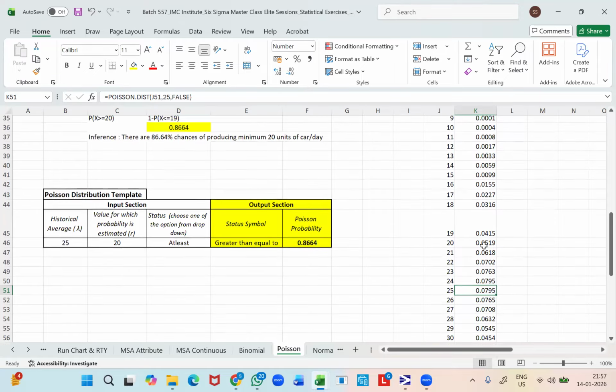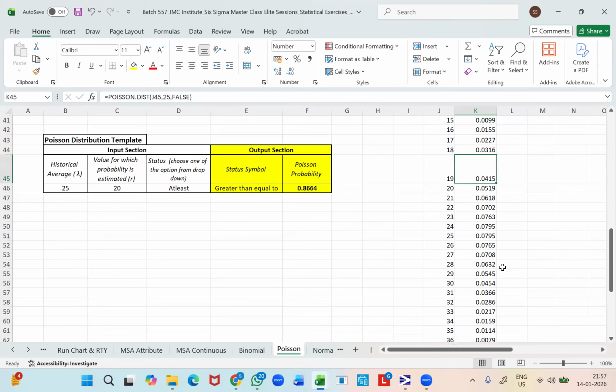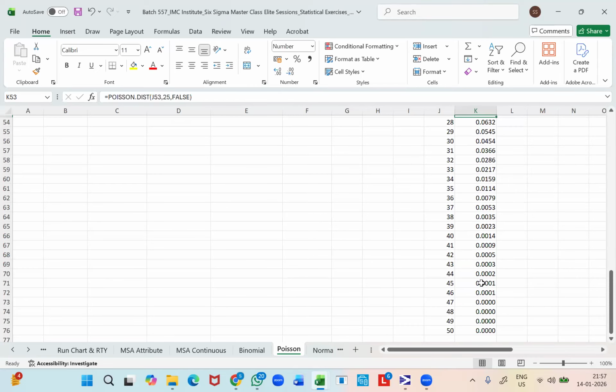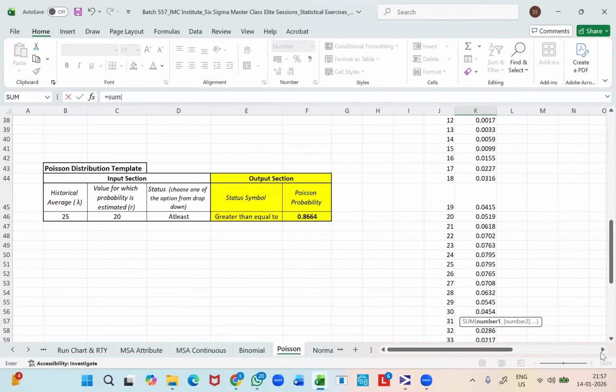On the upper side, 23 is only 0.0763, 19 is only 0.0415. On the other side, 26 is only 0.0765, and then 0.0708. And beyond a certain value, it will become 0, as I told you. From 47 onwards, it is showing as 0. And if you sum all these individual probability values, it will be equal to 1.